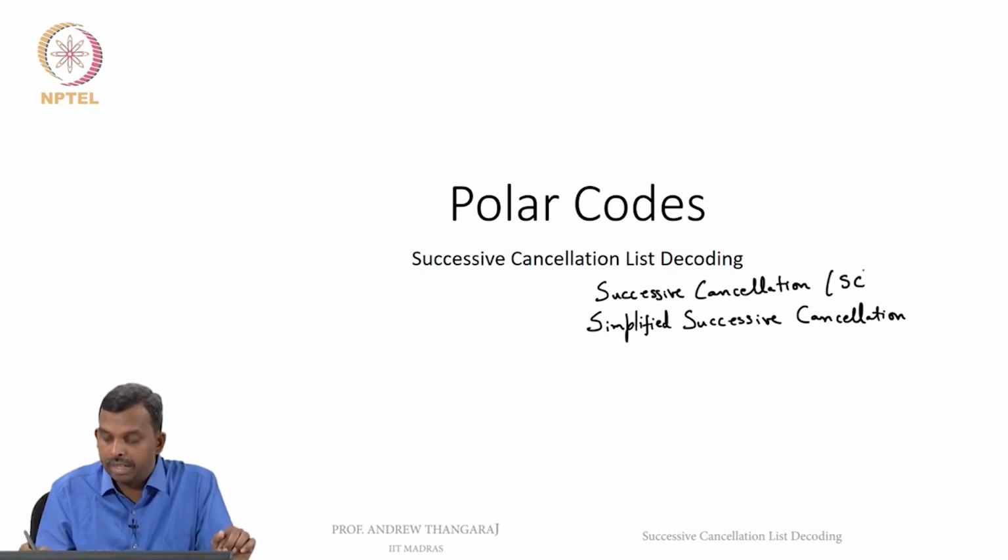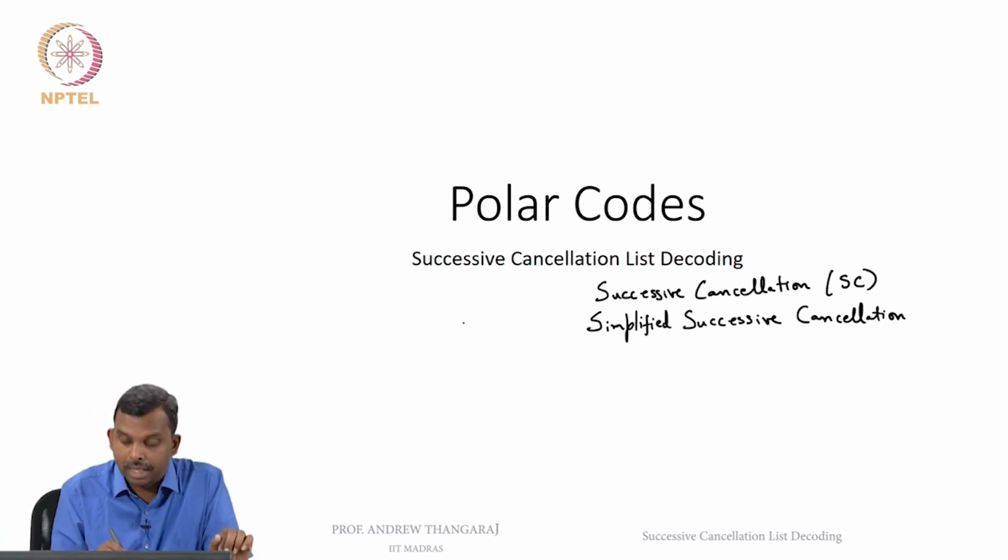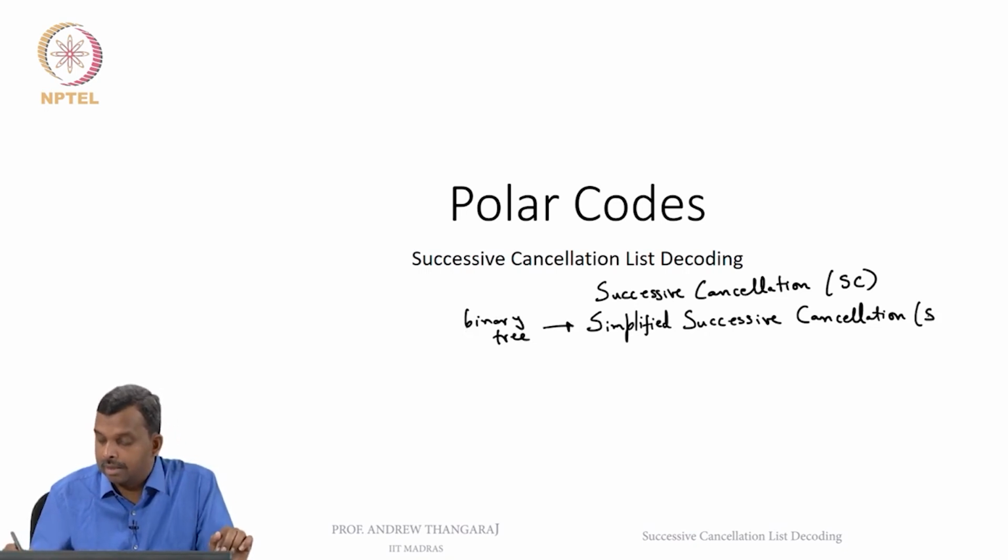So, you can abbreviate it as SC. Simplified successive cancellation is the one that we described with the binary tree. Okay. So, that is called SSC, and today we will see the simplified successive cancellation list decoding.